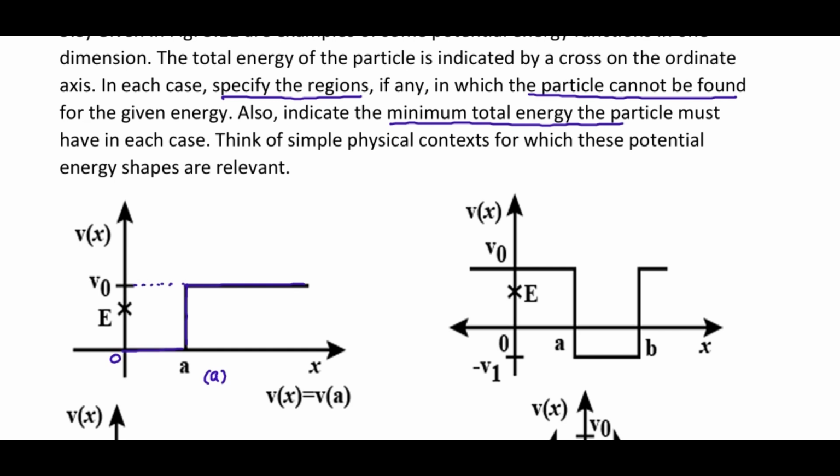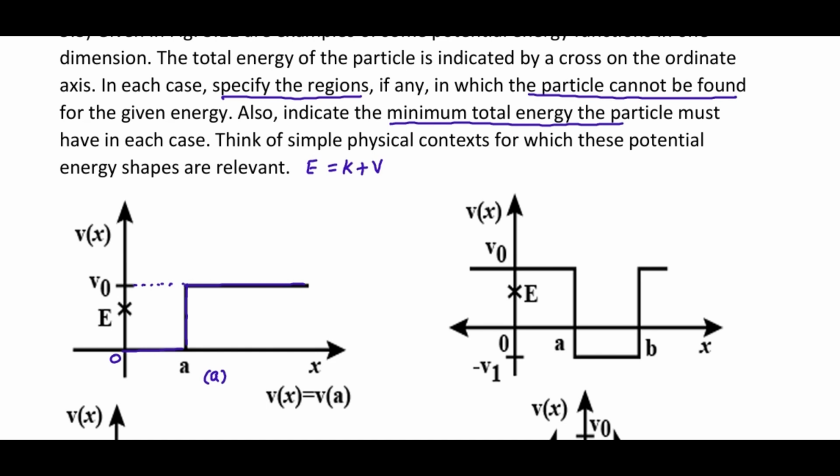So generally we have the total energy, E is equal to kinetic energy plus potential energy, where E indicates total energy, K corresponds to kinetic, V corresponds to potential energy.